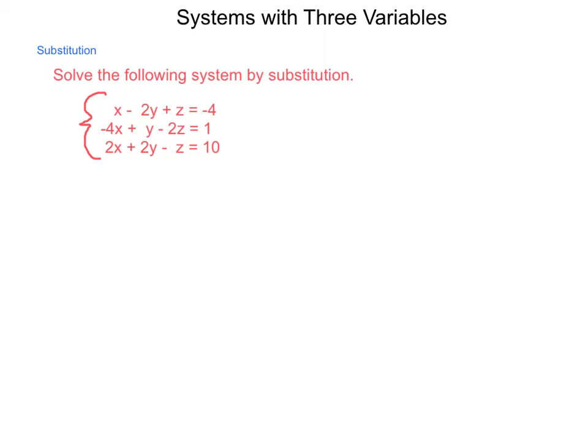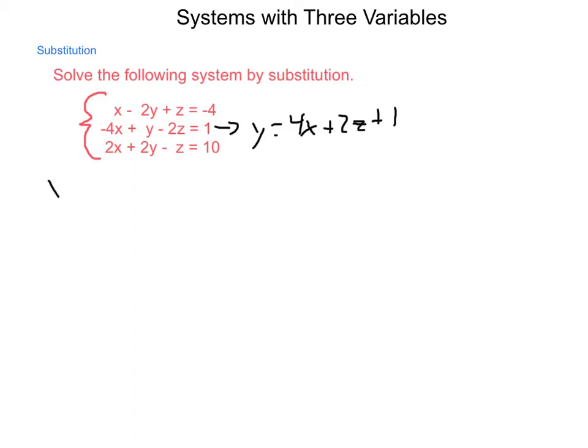So if I solve this for y, I come out with y equals 4x plus 2z plus 1. Now I'm going to use that to substitute into the other two equations.